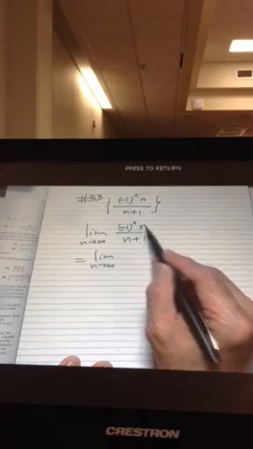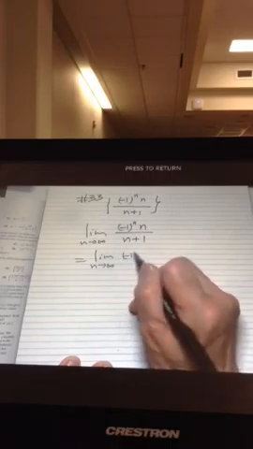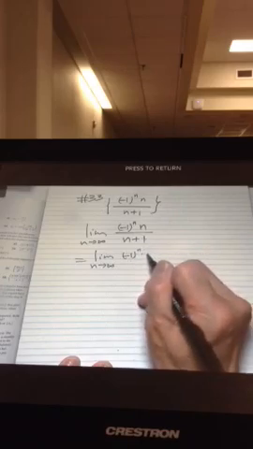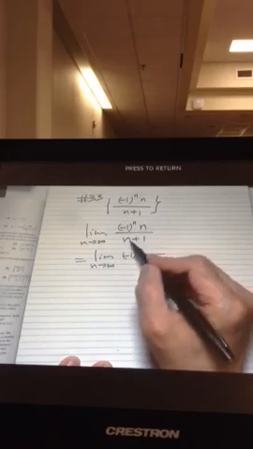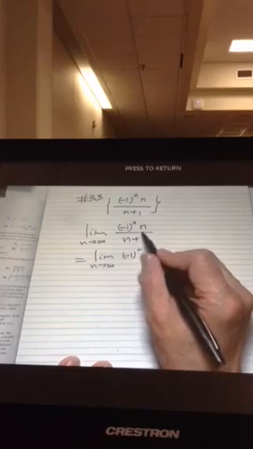I'm going to divide both numerator and denominator by the highest order of n, which in this case is just n. So this will be (-1)^n divided by 1 plus 1 over n. When n approaches infinity, 1 over n approaches 0.